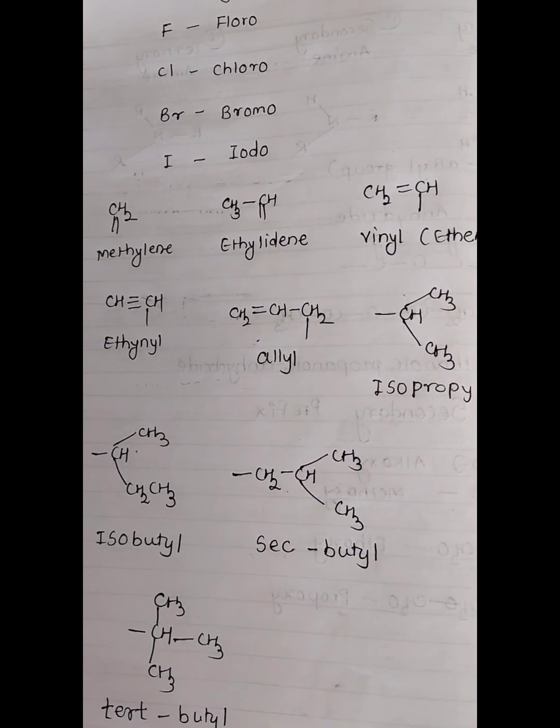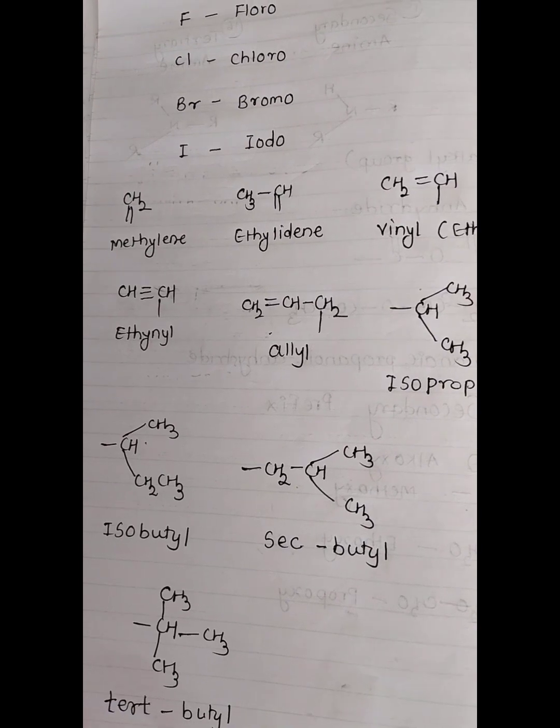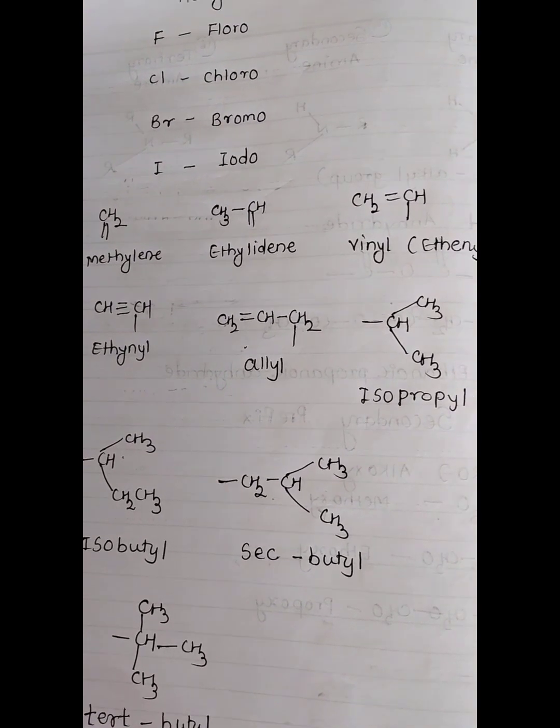Then here is some side chain we use for nomenclature, methylene, ethylidene, vinyl, ethinyl, allyl, isopropyl, isobutyl, secondary butyl, tertiary butyl.